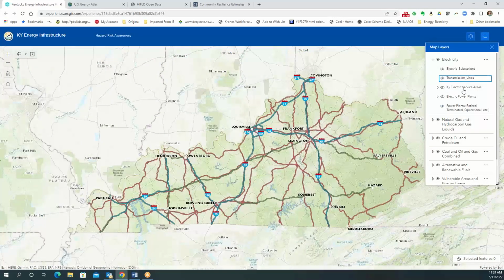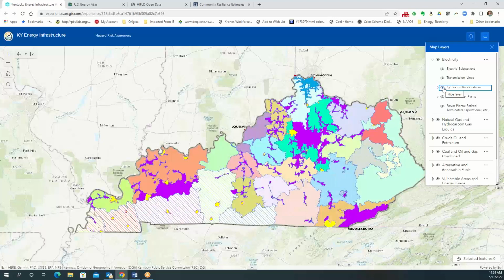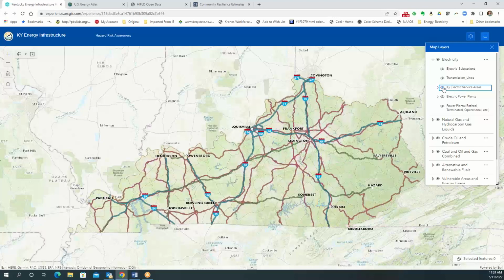We also have our electric service areas, so I can see which territories are served by our utilities in the state. And we also have our power plants as well.